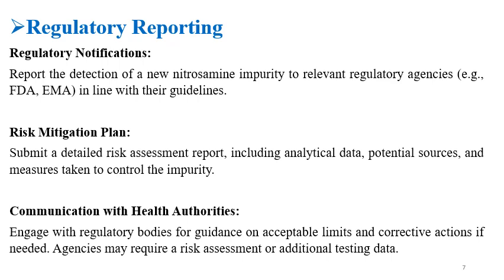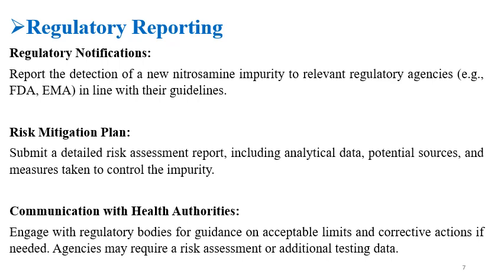Regulatory reporting involves regulatory notifications, risk mitigation plan, and communication with health authorities. Regulatory notifications involves report the detection of new nitrosamine impurity to relevant regulatory agencies. For this, consider the product market and then know your regulatory agencies like FDA, EMA, or country specific regulatory body, and check their guidelines and make it in line with the regulatory guidelines of the specific country.